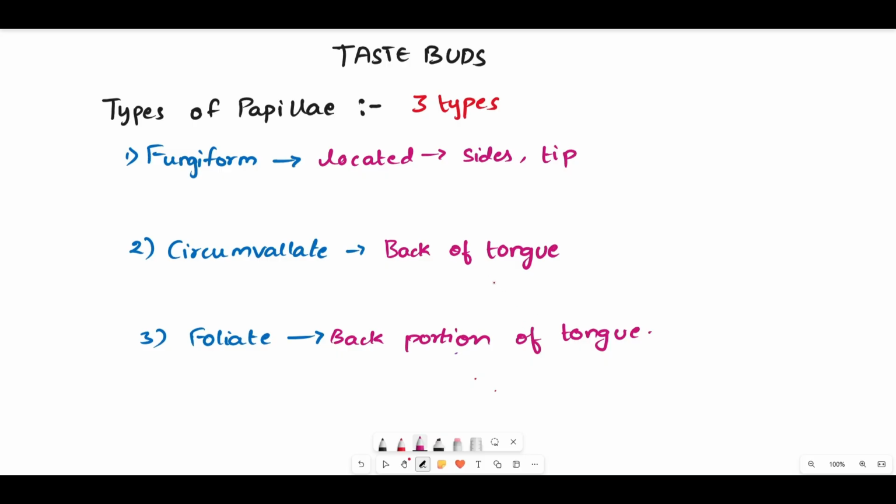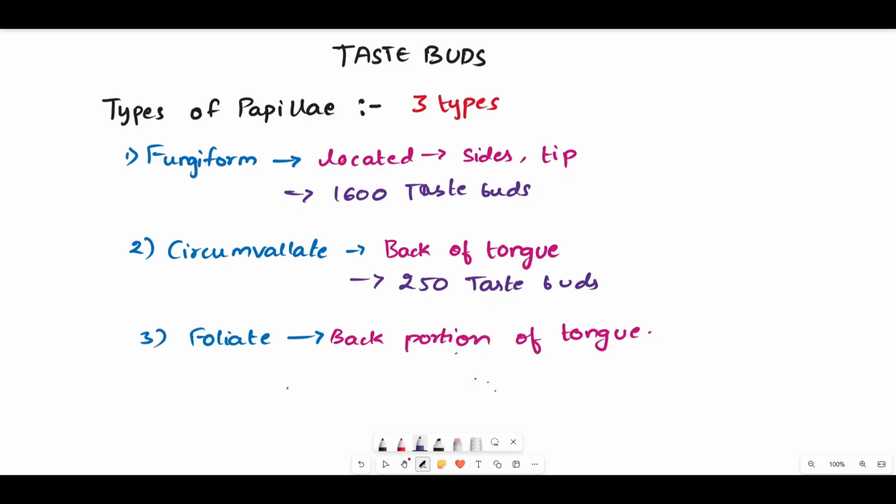Coming to the location, the fungiform papillae are located at the sides and tips of the tongue, whereas the circumvallate papillae are located at the back of the tongue, and the foliate papillae are located at the back portion of the tongue. In the fungiform papillae, almost 1600 taste buds are present, and in the circumvallate papillae, 250 taste buds are present.